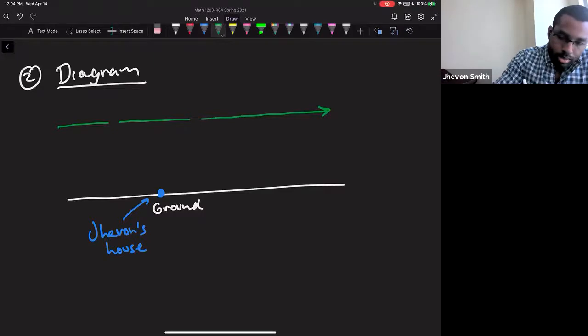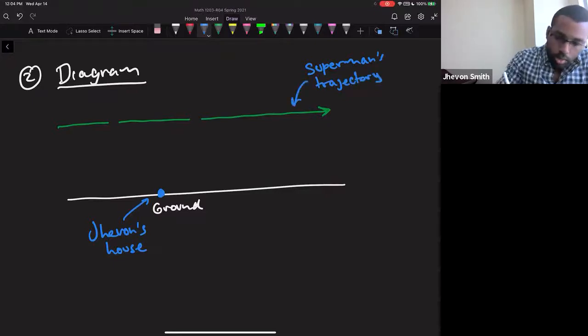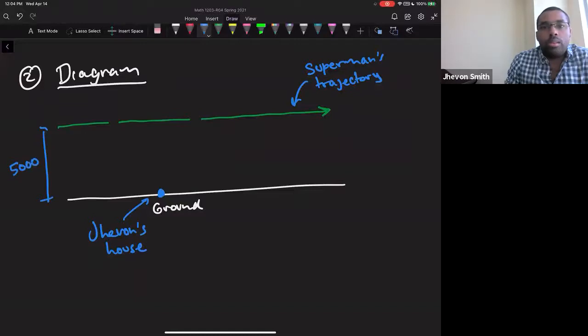So this is Superman's trajectory. Okay, so this is at a height of 5,000. And so suppose Superman is right here.